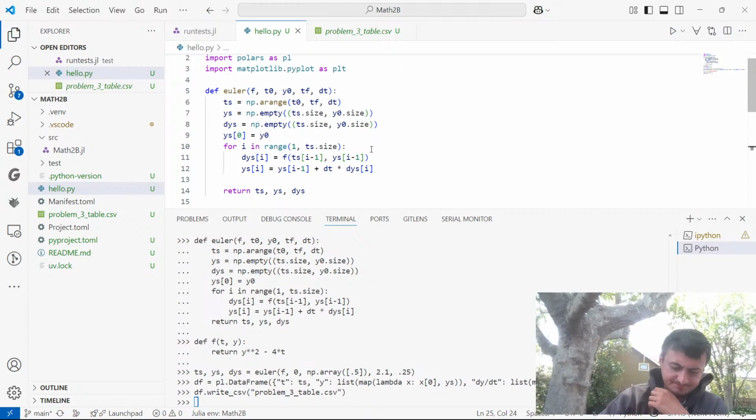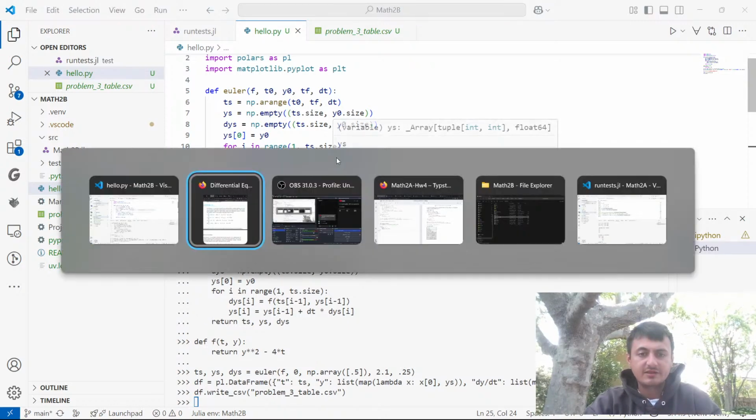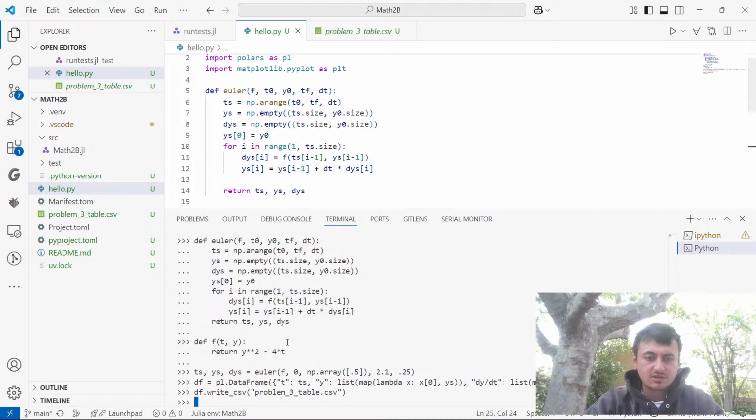F of... So... Yeah, so I think this is wrong. Where's the table?